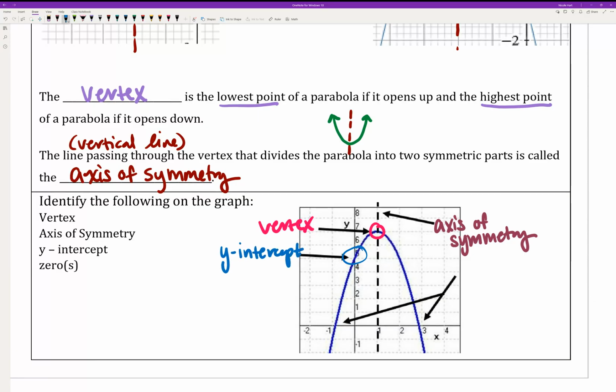And then lastly, our zeros. What we want to remember about zeros is it is another word for, also known as, x-intercepts, roots, or solutions. All of these are the same thing. You could have 1, 2, or 0, like none.